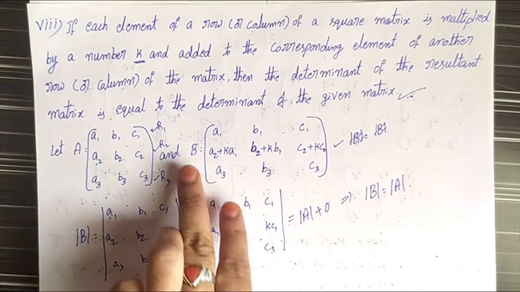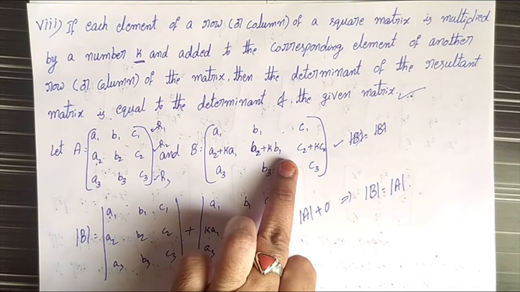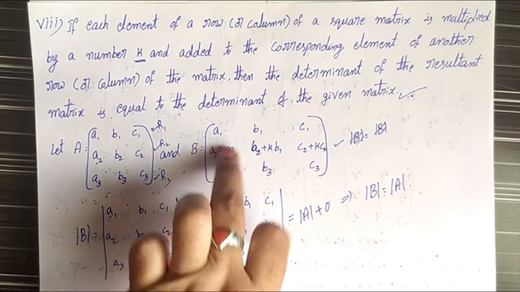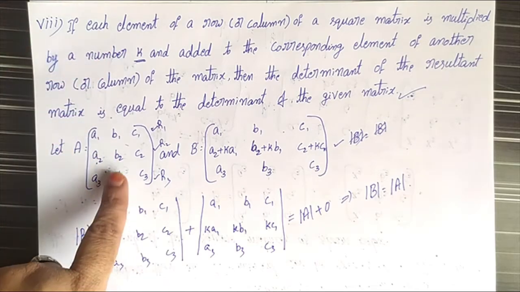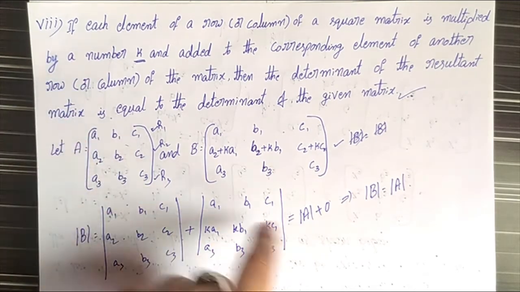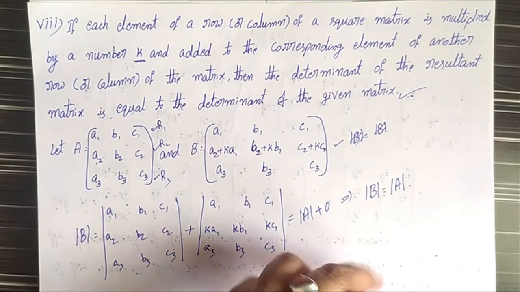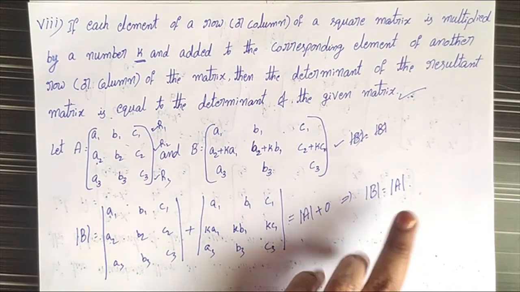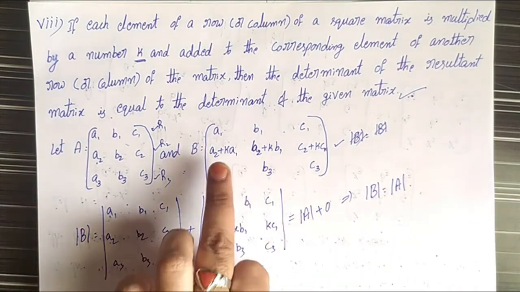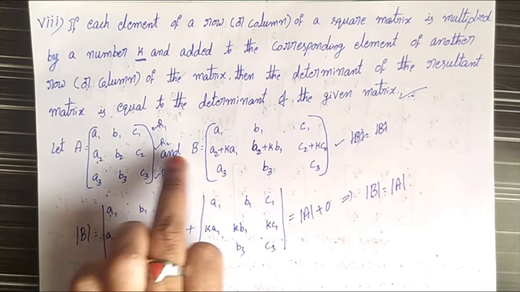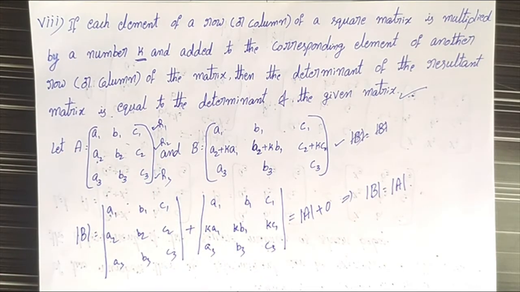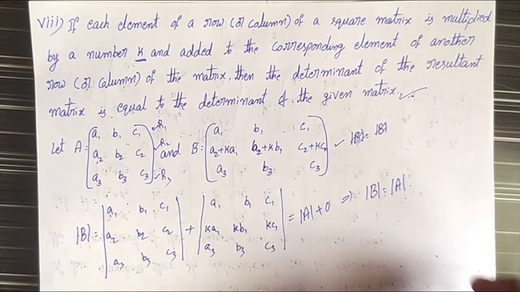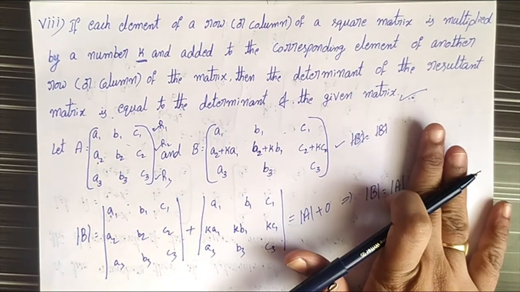If we take the row, we can apply this property to rows. Similarly, we can apply this property to columns also. The result is the same. The matrix determinant B equals determinant A. This is the 8th property.